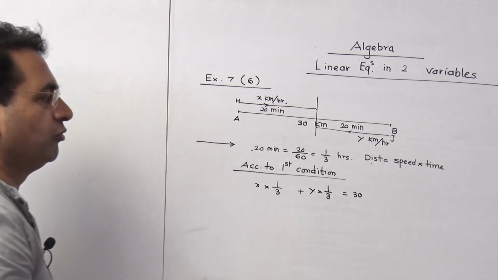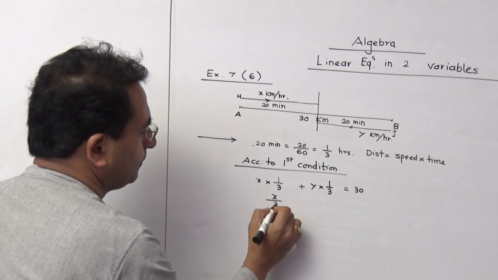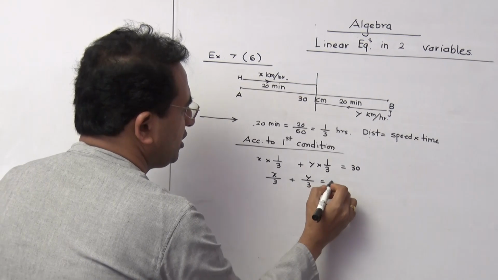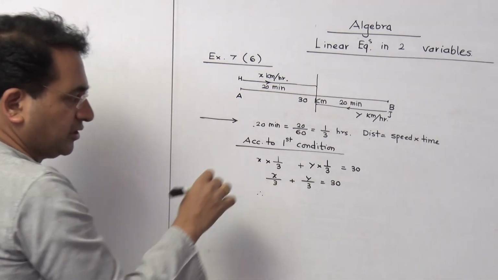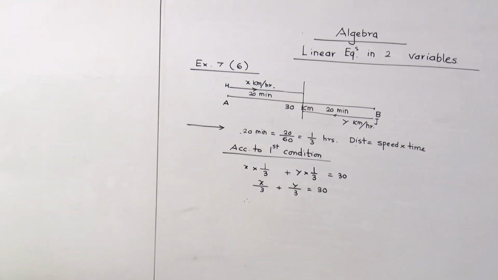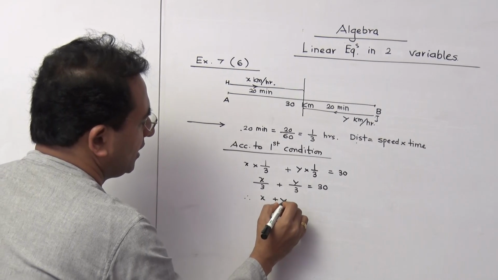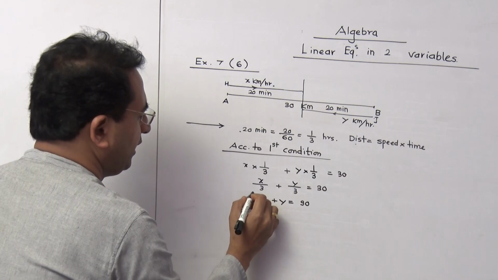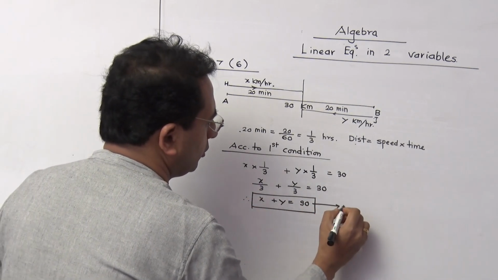So this is the equation we are going to have, which I write as x upon 3 plus y upon 3 is equal to 30. So therefore, this is also not the standard equation. So we are going to write the equation like this: x plus y is equal to, if you multiply this, 90. So this is going to be your equation, that is equation number 1.